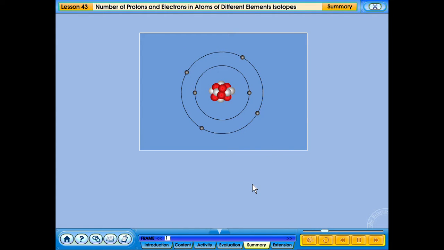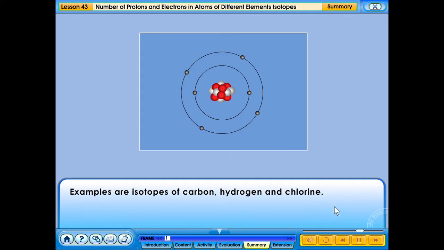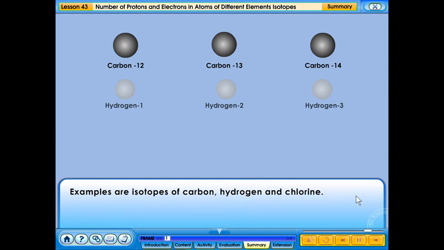Click the picture of the atom. Isotopes are atoms which have the same number of protons but different number of neutrons. Examples are isotopes of carbon, hydrogen, and chlorine.